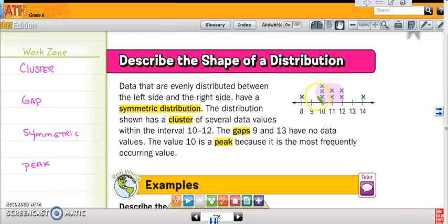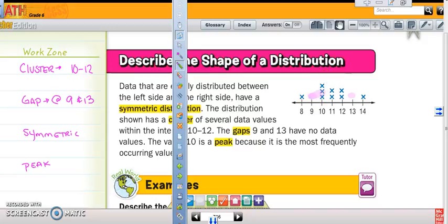There's a cluster of X's or data. So cluster from 10 to 12. Gap, is there a spot where there is no data at all? Yeah, there's no data right here, and there's no data right here. So there are gaps at 9 and 13.